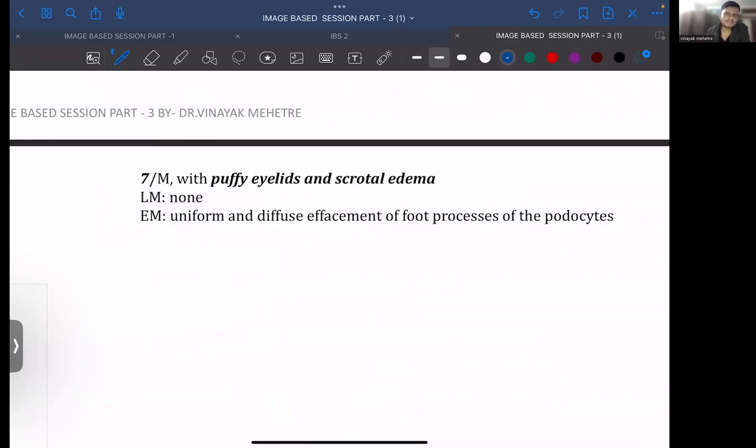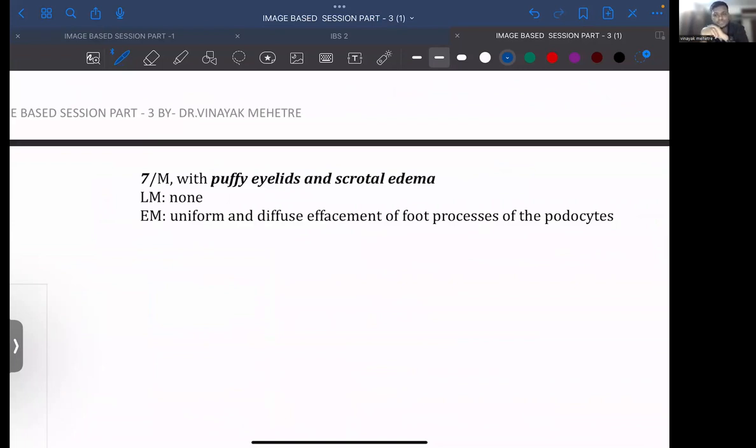What we have seen in membranous glomerulonephritis, we saw two things. One was loss of foot process plus spike and dome appearance, right? Spike and dome appearance. Okay.